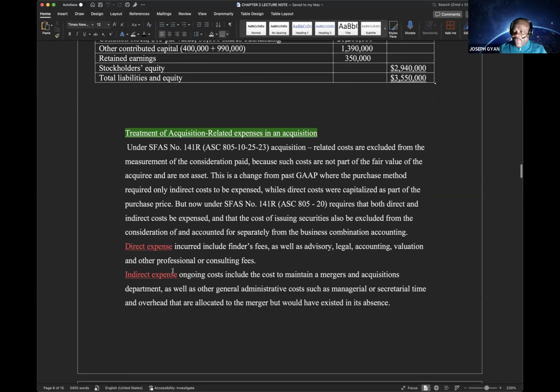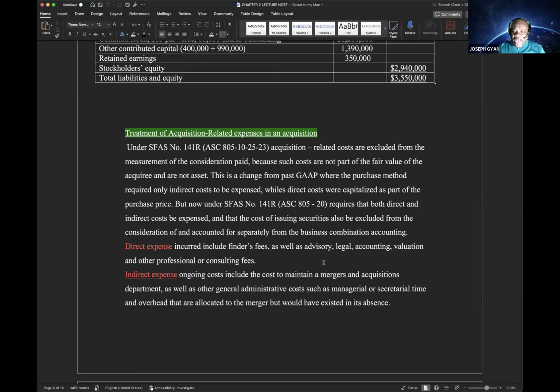Direct costs include the following. The direct expenses include the finder fee, right? The company or the broker that you are asking to maneuver around, look around if there's any company that is not doing well and they want to sell the company. The finder fee is part of the direct cost, which means that if you are paying them, it should come from the other contributed capital, not be part of the consideration.